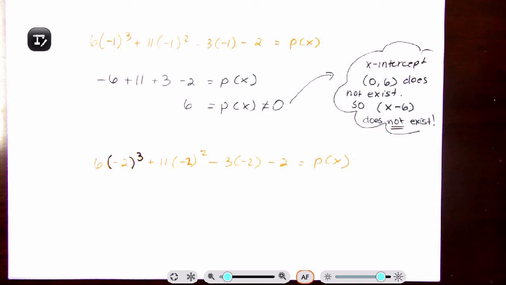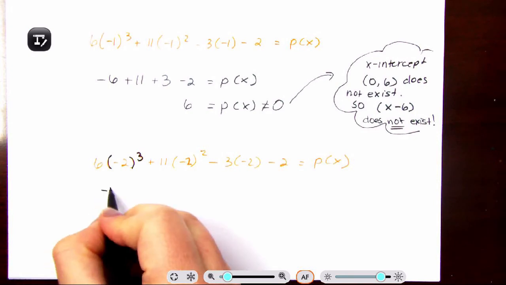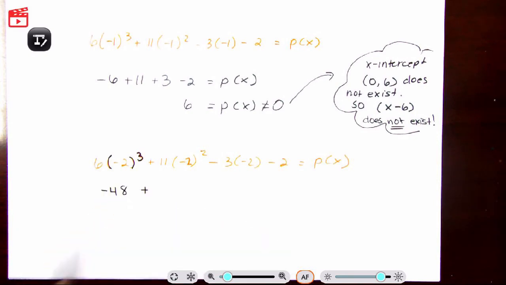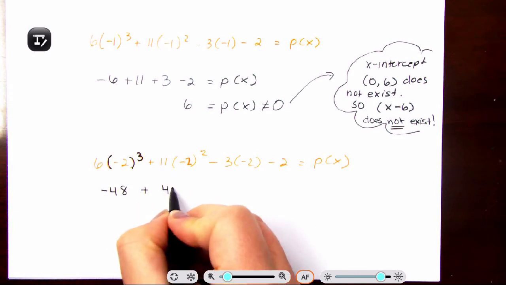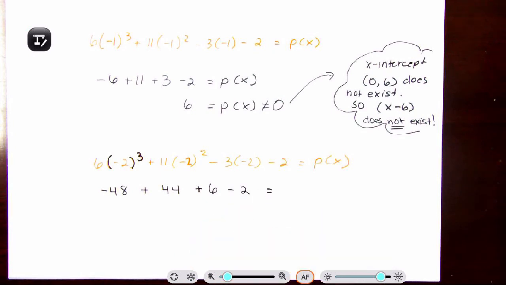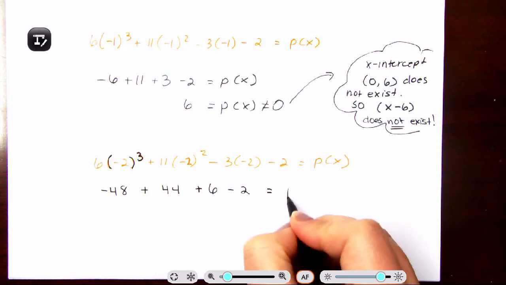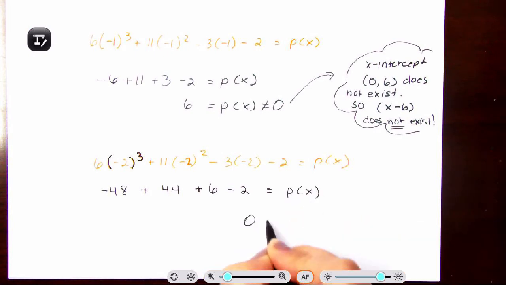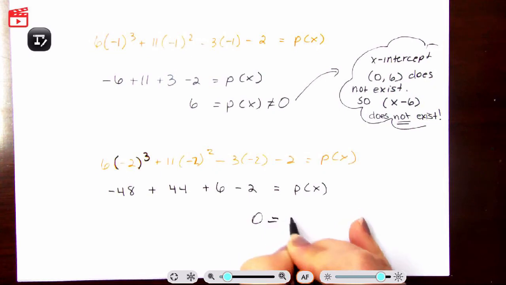So I have negative 8 times 6, which is negative 48, plus 4 times 11, that is 44, plus 6 minus 2. So I have negative 48 plus 44 plus 6 minus 2. And that, in fact, does equal 0.